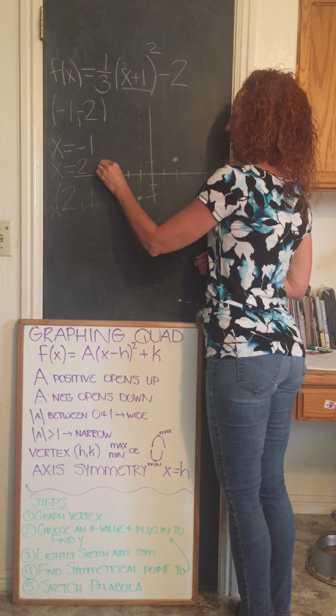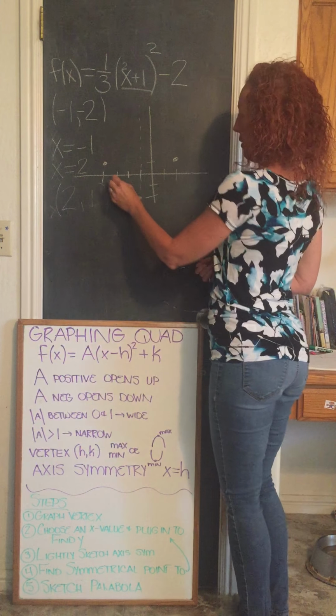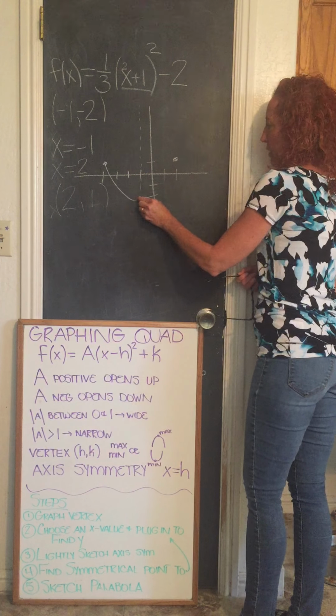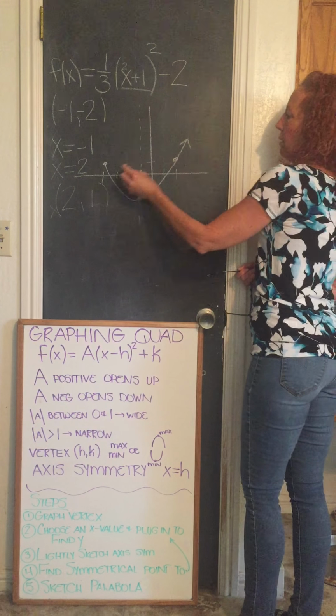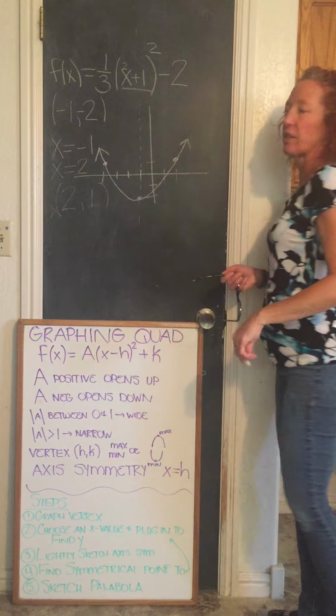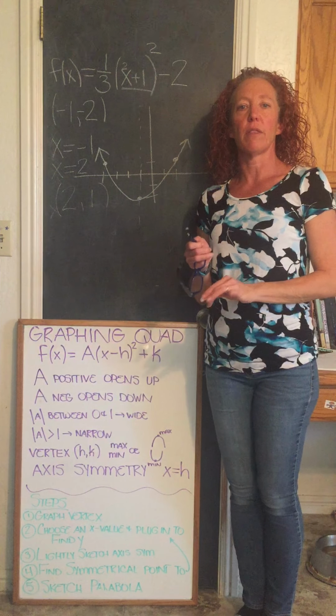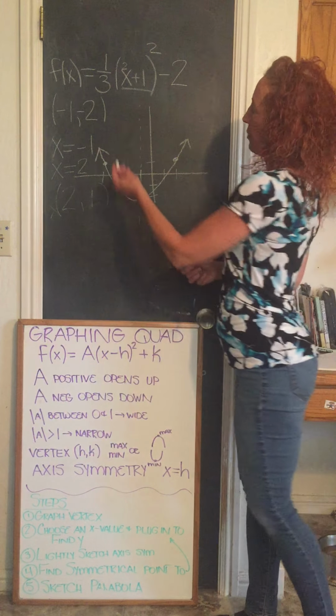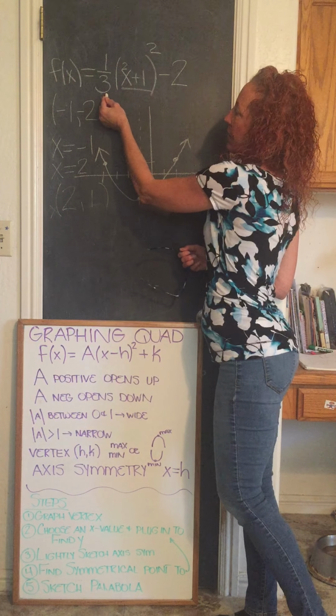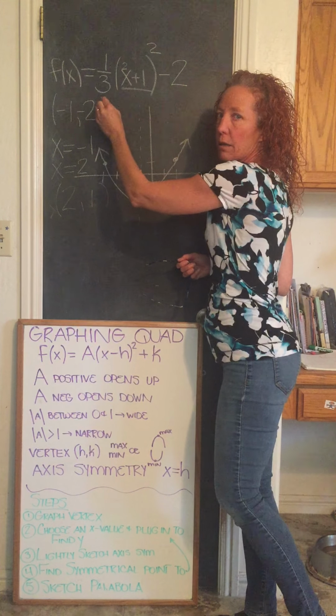And go up 1. This one, notice how wide it is. I think I did an okay job with my symmetry. And so this one should look much wider than the problem we just looked at. But that's what I mean by choosing the x that makes this a nice number.